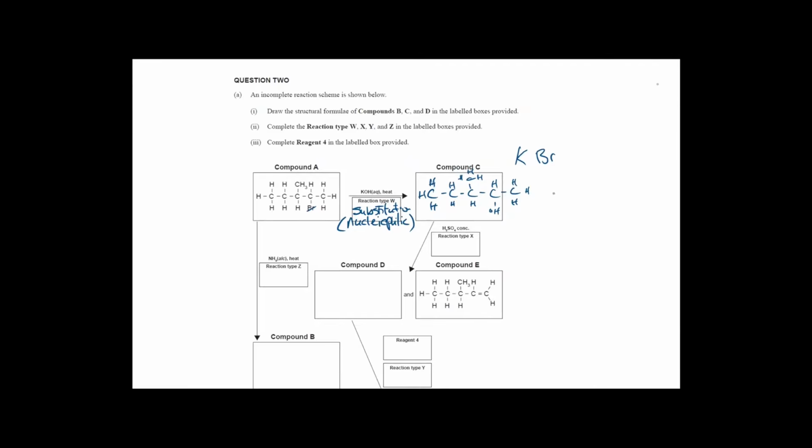So this is going to be 3-methylpentane, and the alcohol is on the second carbon, so 2-ol.